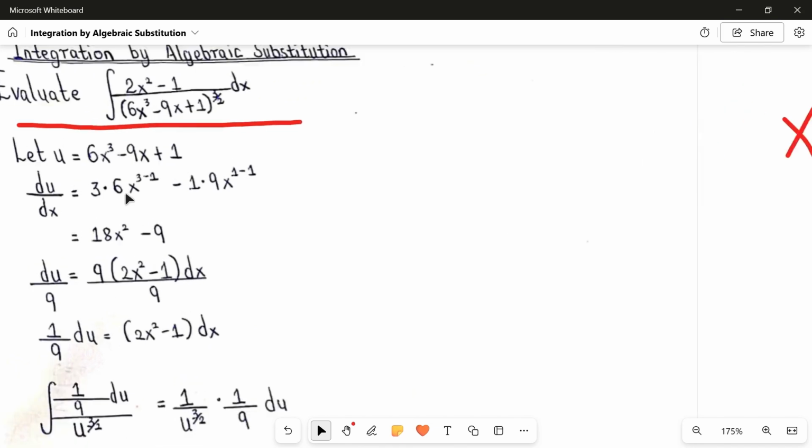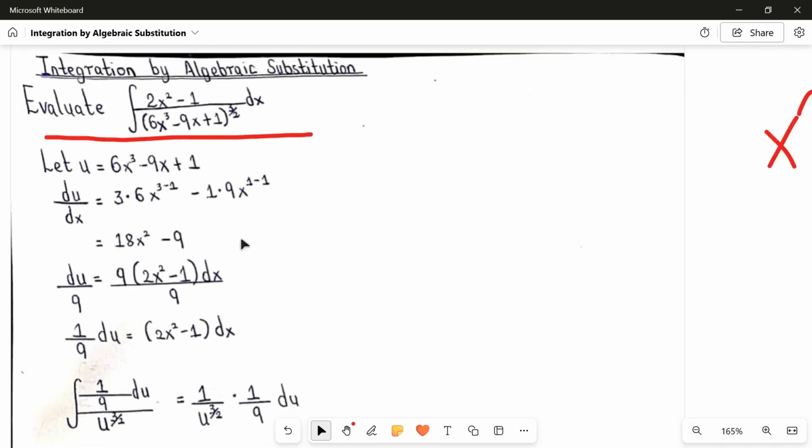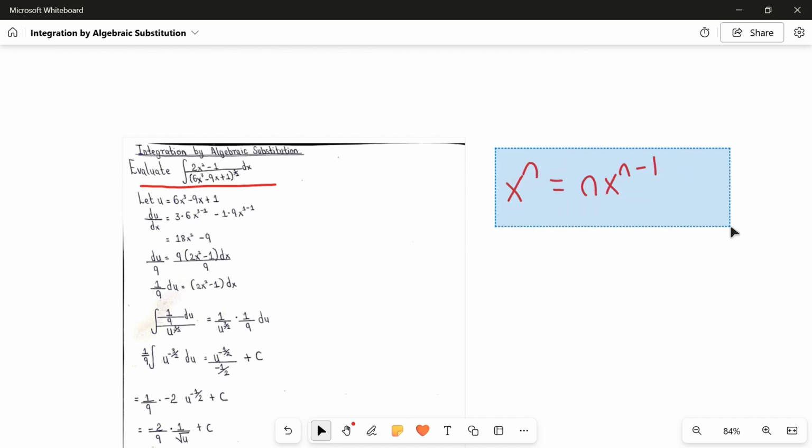That will be equivalent to 3 times 6x power 3 minus 1 minus 1 times 9x power 1 minus 1. And when you differentiate a constant, in this case 1, that is equivalent to a 0. So it is all of this plus a 0. And when you calculate that, you get 18x squared minus 9.